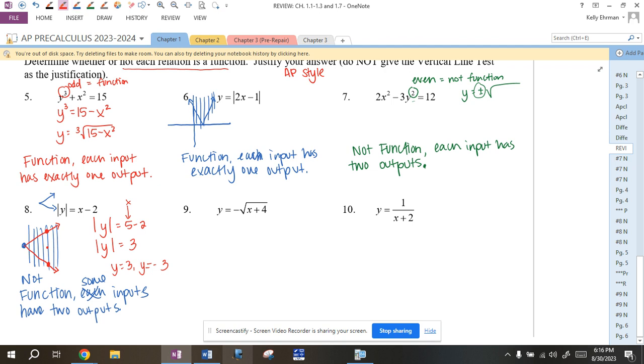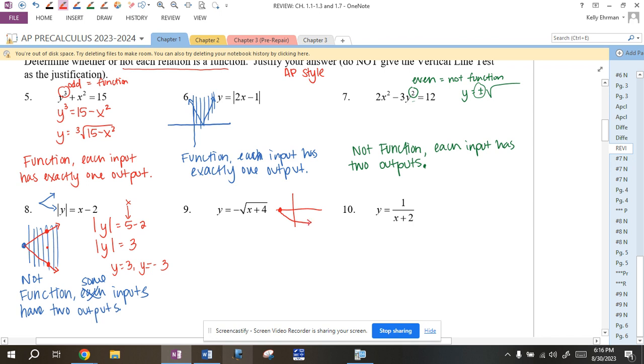Okay, on number 9, remember when y is squared and we are the ones introducing the square root as we solve for y, that's where a plus or minus is generated. This number 9 is just saying y is equal to just the negative square root of x plus 4. If you want to think about a graph, we're going to do this in a few days. This graph kind of looks like that.